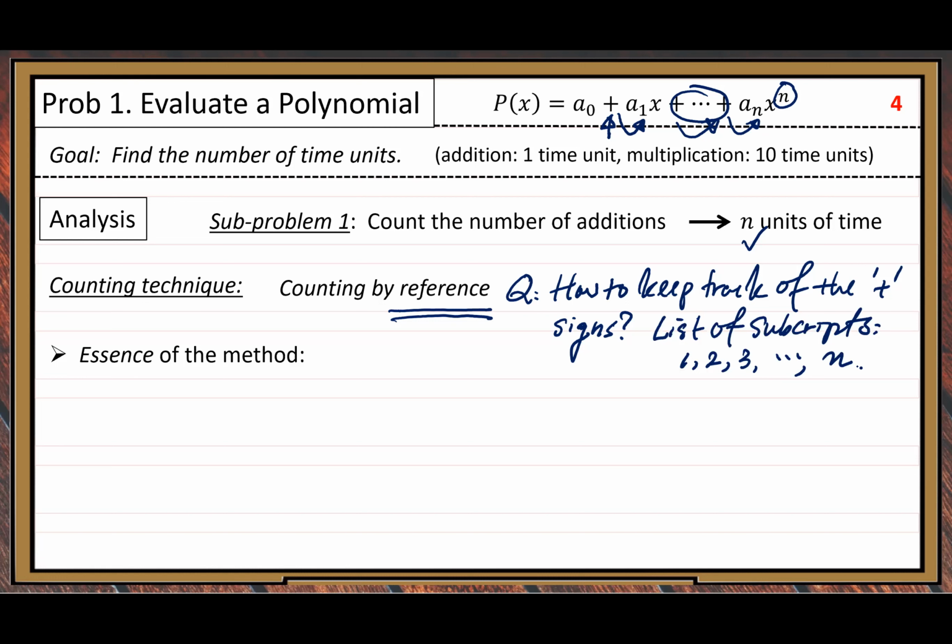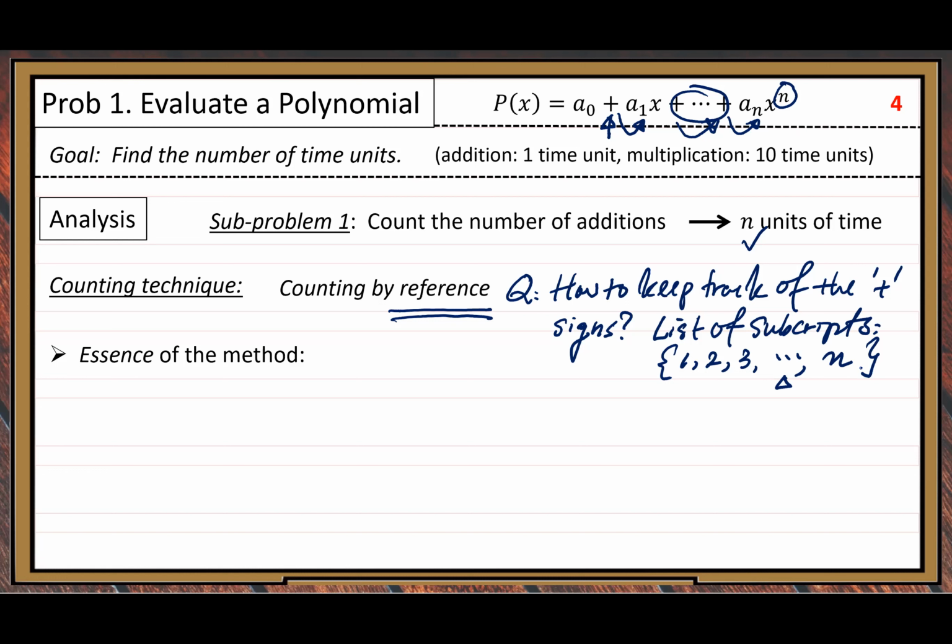These are natural numbers, consecutive integers, starting from 1 and ending with n. We won't get lost when we count the number of integers in this list. We know the answer is n. It is very easy to keep track of these subscripts instead of those plus signs.